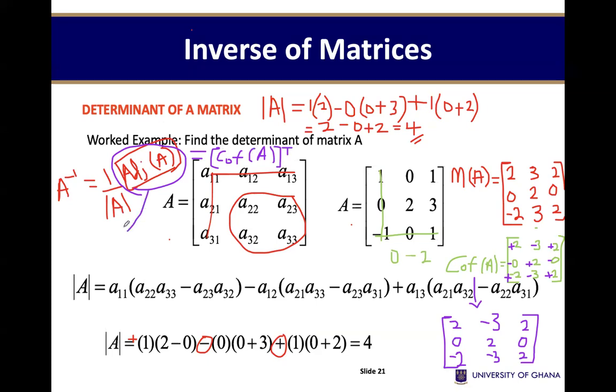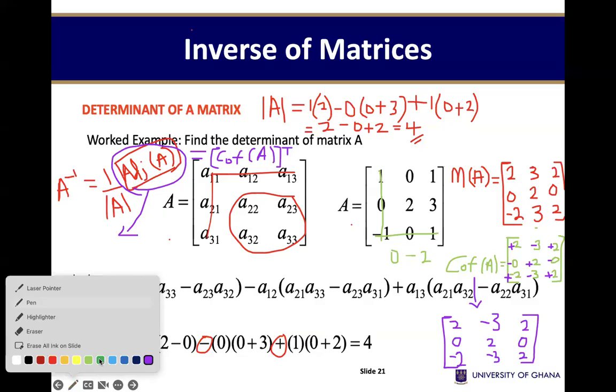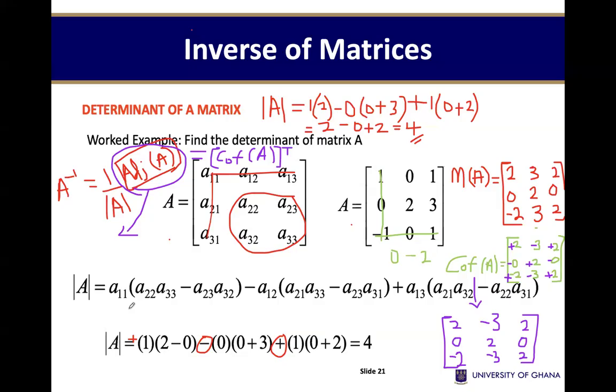So let me write the adjoint here. I use a different color. Let me see whether I can get a green. So if I'm transposing to get the adjoint, probably I'm going to get something like this. 2, minus 3, 2 will be a column. So that's going to give me 2, minus 3, and then another 2 down here.